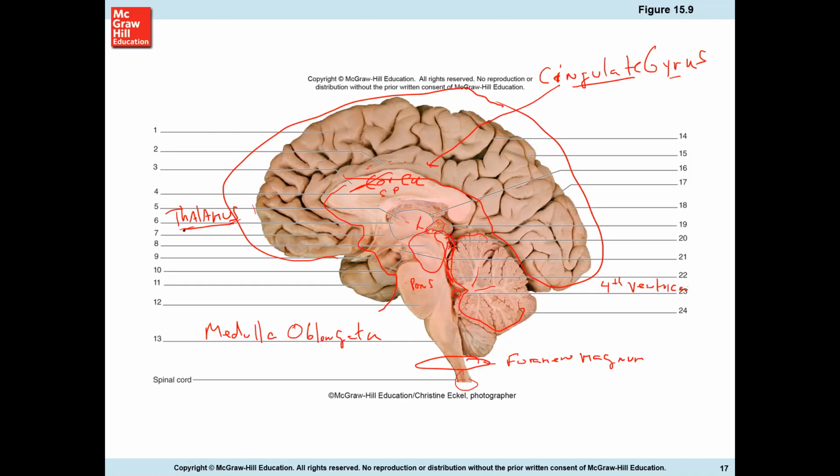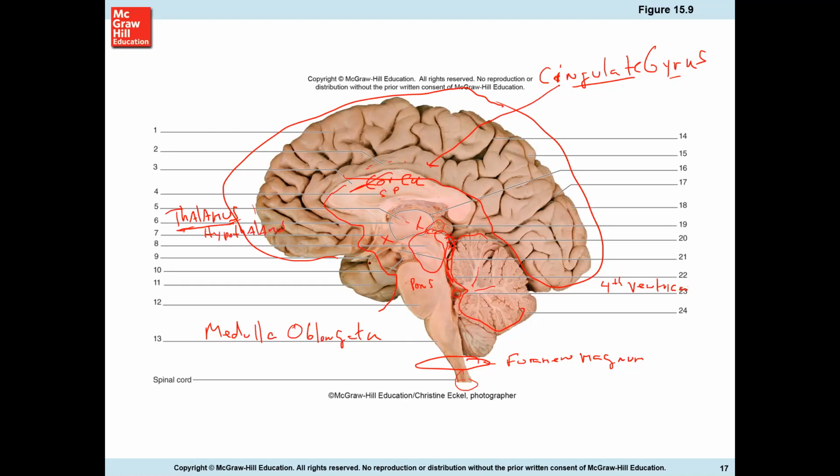Go figure. So everything that's sensory comes into the thalamus and is projected to the cerebral cortex. Very important. Right here is the most important part of the brain, I think, that we don't think with, and that's the hypothalamus. Please know where that is.